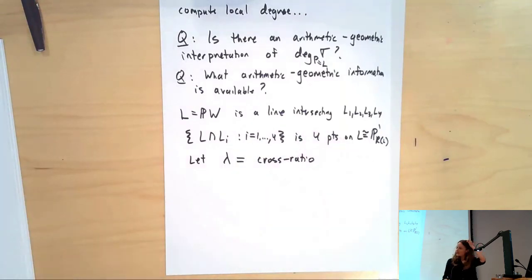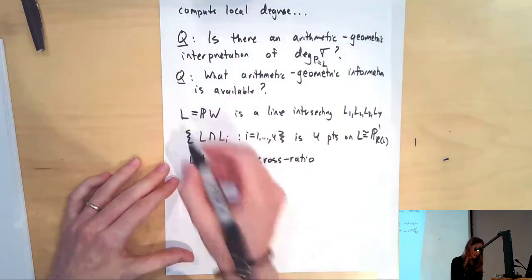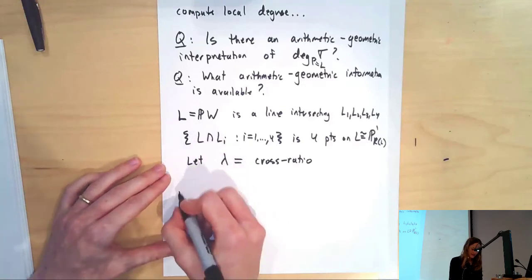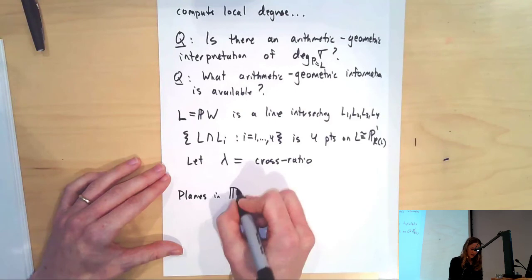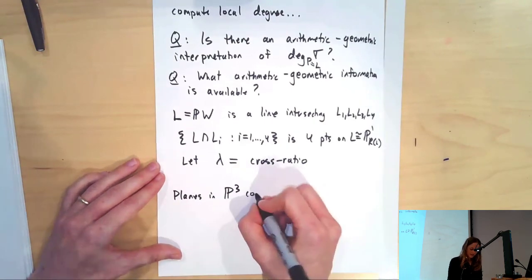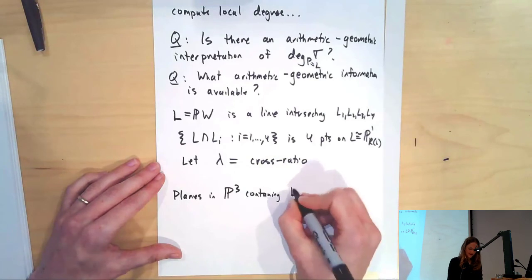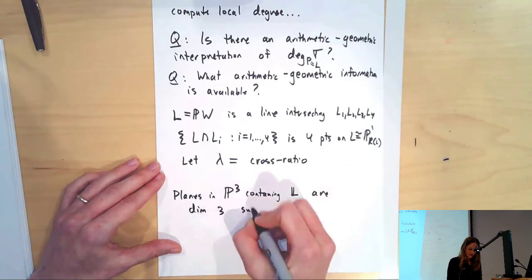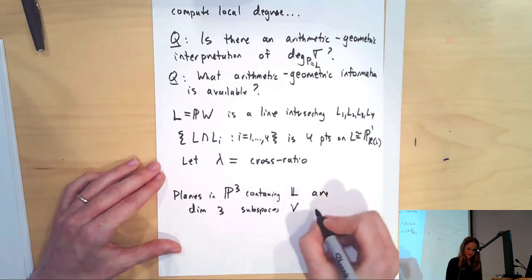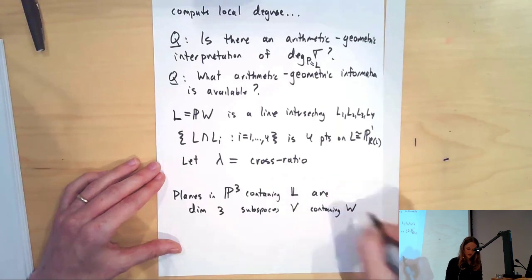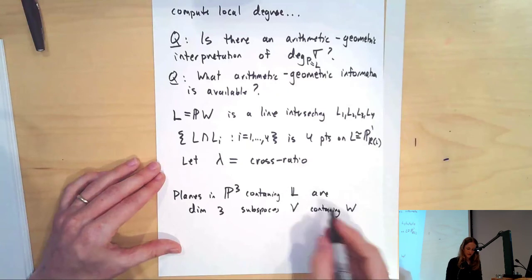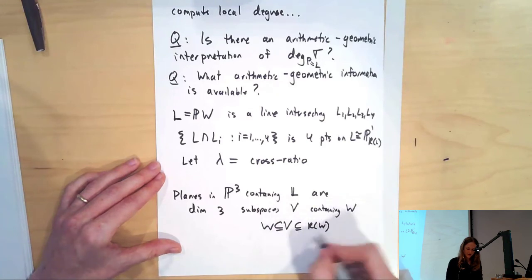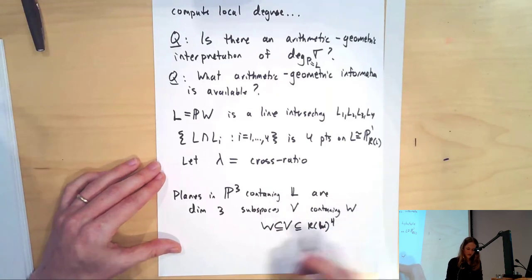And there is another cross ratio here. So if the planes in P3 containing L, these are the dimension 3 subspaces V containing W, or so we want, we've got V, W dimension 2 inside the field of definition of L or W to the 4.